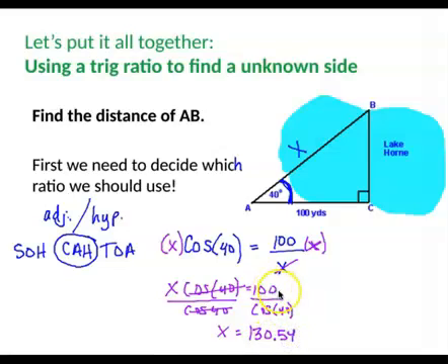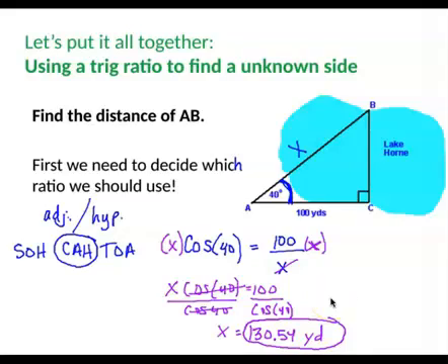What I did was I just typed in my calculator 100, and then I hit divided by. I typed in the cosine key 40, and then I hit enter. And you should get 130.54, and we're dealing with yards. So the length of A to B is 130.54 yards.